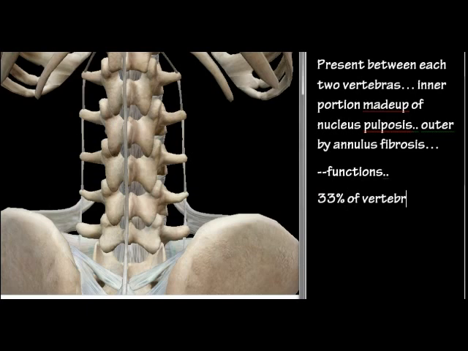Functions of the lumbar vertebra. The 33% of the vertebral column height is made up of lumbar vertebrae. It is a good shock absorption.